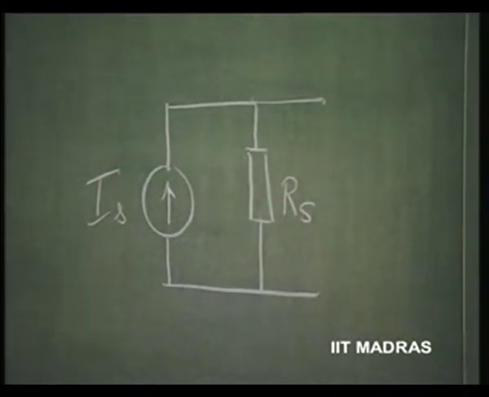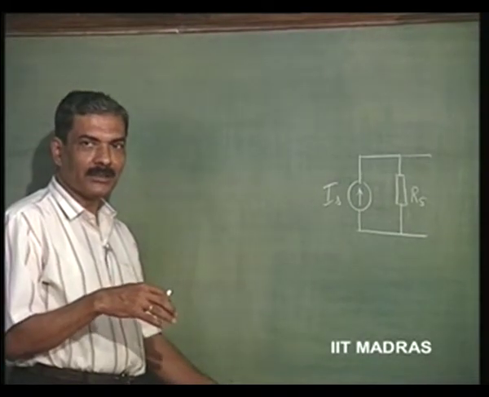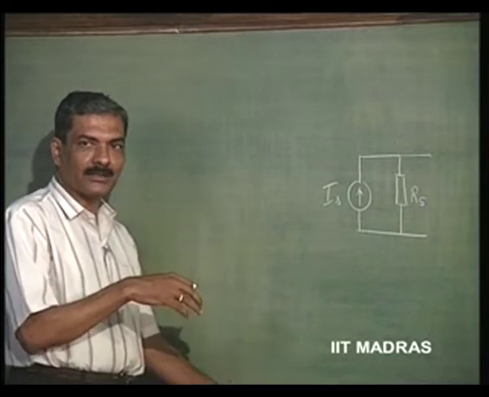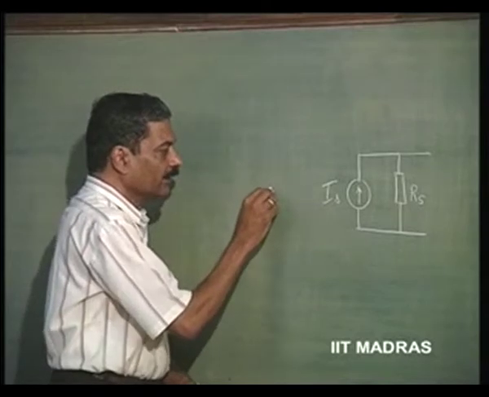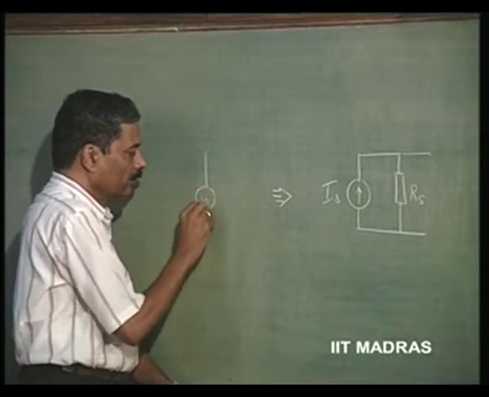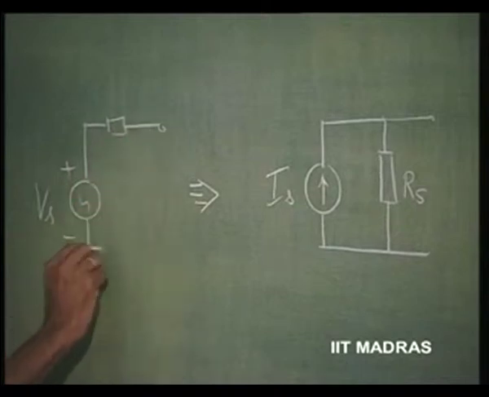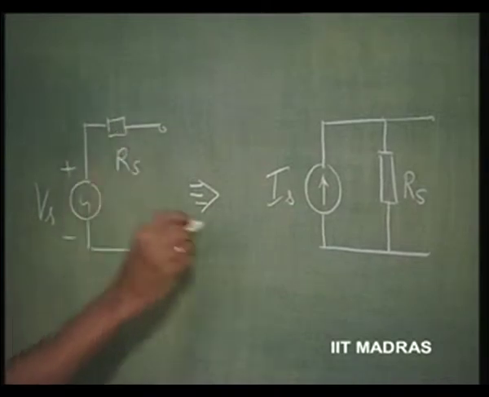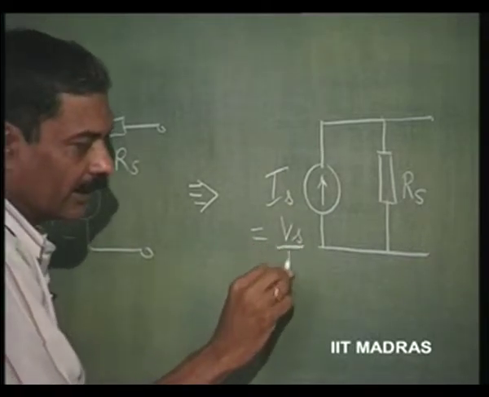Using Thevenin's theorem, you have seen that any non-ideal source can be represented either as a voltage source in series with the resistance or as a current source in shunt with the resistance, in which case we can say that this is equivalent to that, as long as Is is equal to the short circuit current.